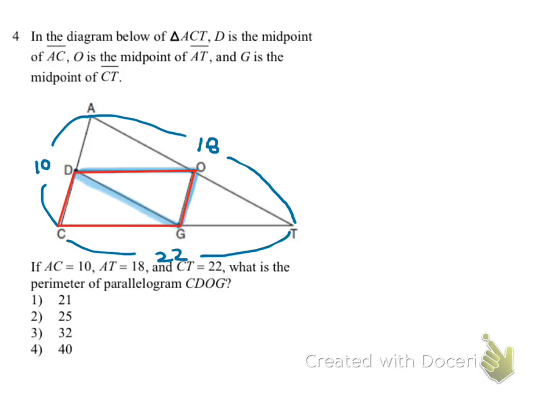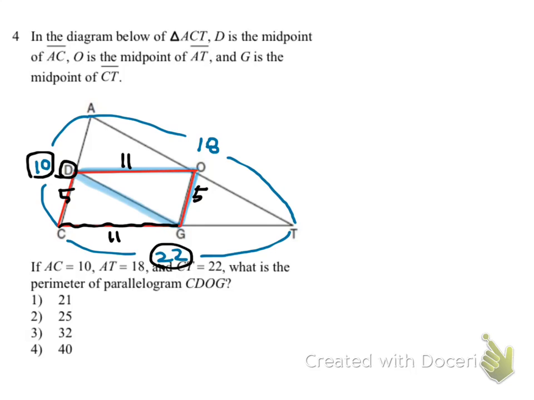Let us write up the values here. Since this is 22, what do you realize about DO? It must be 11. But since G is the midpoint of CT, this side is also 11, half of 22. Since this side is equal to 10, its mid-segment is 5, and since D is the midpoint, that's also 5.